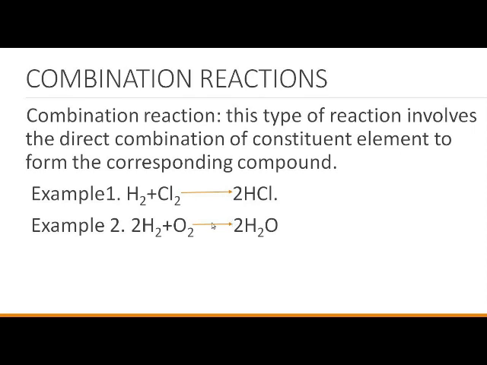Now, another example of combination reaction. Now, what are the components of this hydrogen chloride? Because it's made up of hydrogen and chlorine. Another example of combination reaction is the formation of water molecule. Water molecule is formed from its constituents, a reaction between hydrogen molecule and oxygen molecule to form water molecule.